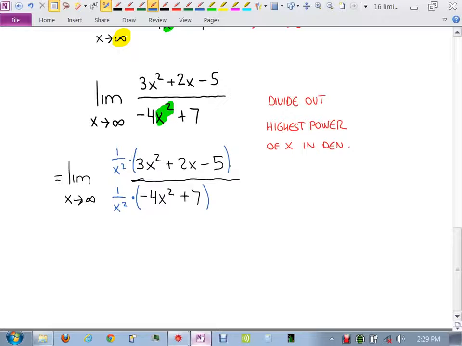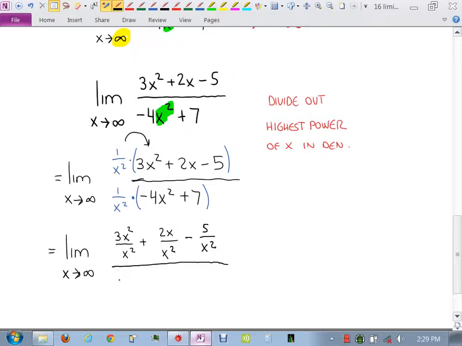So let's distribute through here and see what we get. And I'll take this first one kind of slow. Distributing through, I get 3x squared over x squared plus 2x over x squared minus 5 over x squared. That's just the numerator.